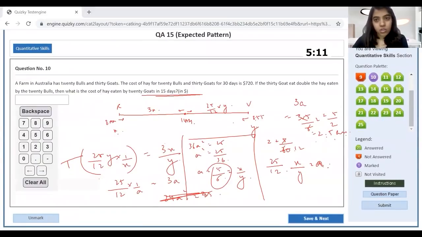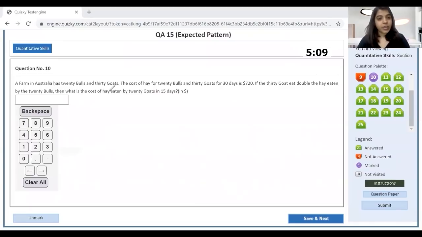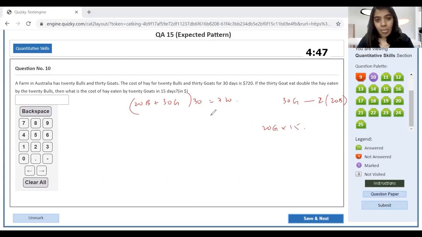Let's go to this one again. I don't know why we couldn't do it in the first try. 20 bulls and 30 goats. The cost of hay for 20 bulls and 30 goats for 30 days is 720. 30 goats eat double the hay eaten by 20 bulls, right? They're asking us what is the cost of hay eaten by 20 goats in 15 days.